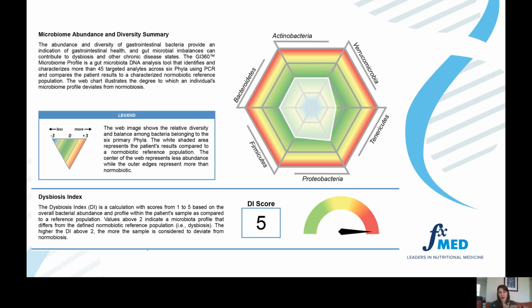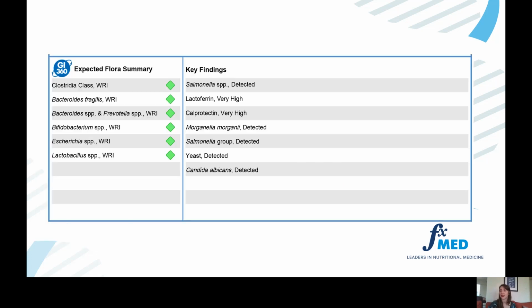So they have evaluated this test and said this person actually has a dysbiosis score of 5, which is the highest score. So there are some significant things going on in this person's gut, even though on this hexagon, it might not look as intense. These two things can work together to help us have a better understanding.